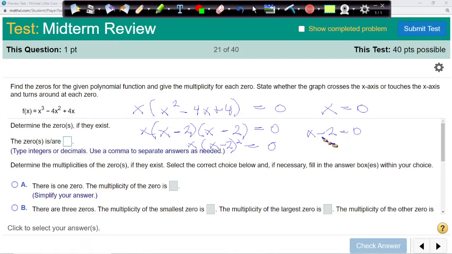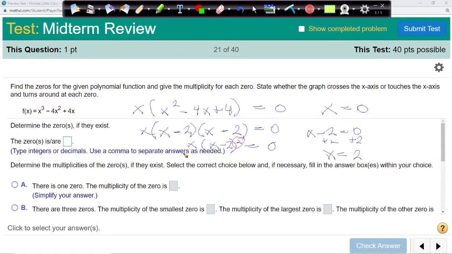So we add 2 to both sides, and you get that x equals 2. Or you just look here, it's going to be the opposite sign, right? Now, because of the square here, that's got a multiplicity of 2. It's happened twice. And I'll show you from the graph what that looks like.